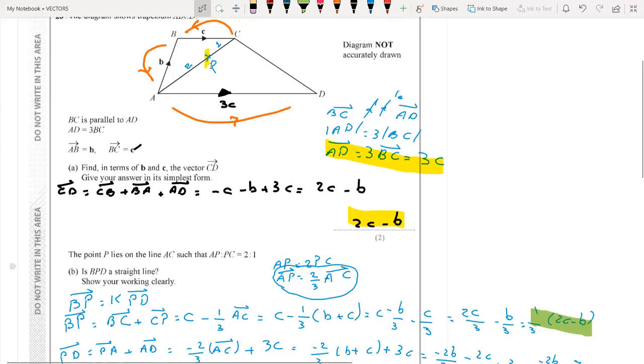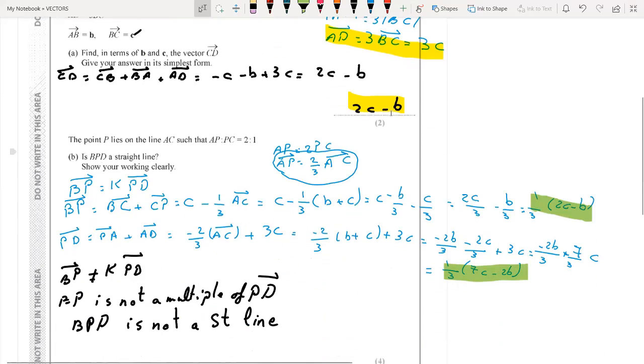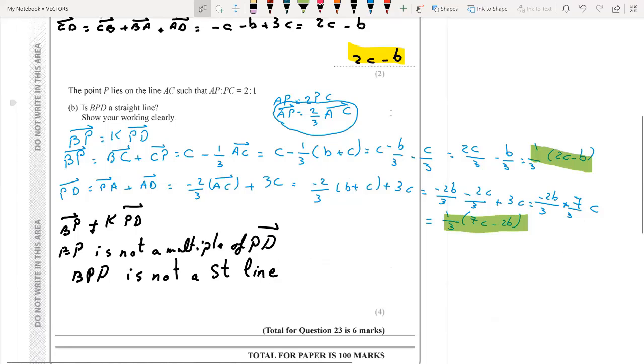So it is impossible that BPD becomes a straight line because CD is parallel to BP. But this is another way of proof. If you have a sharp eye, you will observe that 2C minus B is common between BP and CD. So this means that CD is parallel to BP. So from this, it is impossible that BPD is a straight line.